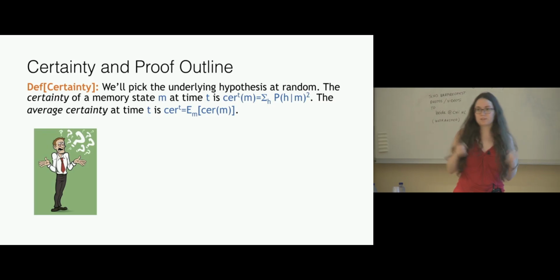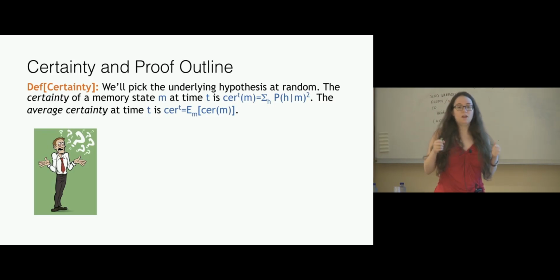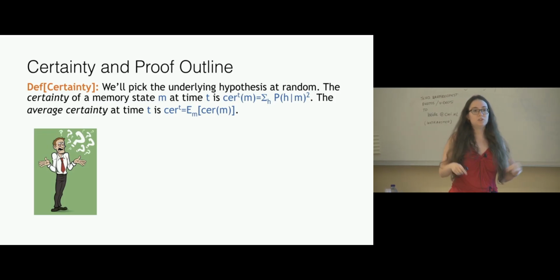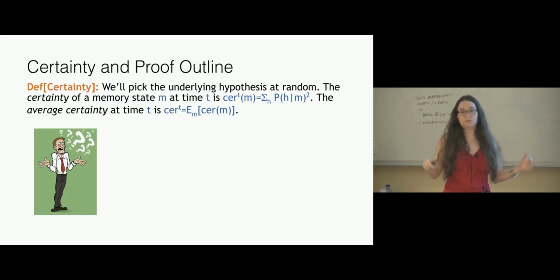So if the memory is very certain, then this distribution is going to be concentrated on some hypothesis. And if this memory is uncertain, this distribution is going to be uniform over all the hypotheses.